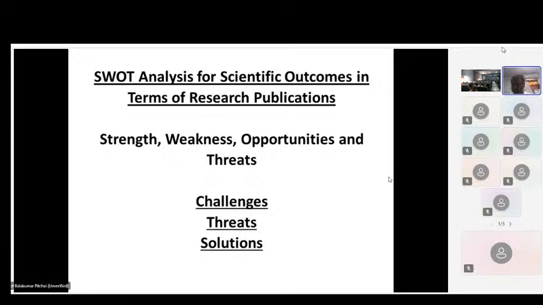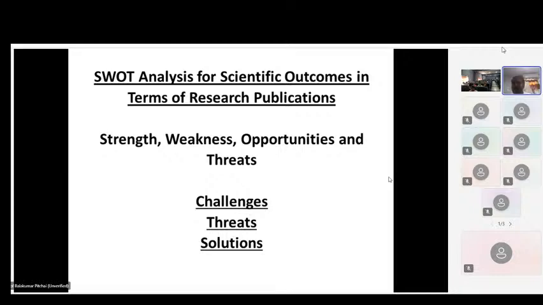Every PhD scholar should publish a paper. Every PG student should publish a paper. That is a challenge. What is the threat? When we pressurize them to publish a paper, they publish in predatory journals. That is a threat. They publish in cloned journals. That is a threat to society. They publish in paper mills. That is a threat to the college. So what is the solution?